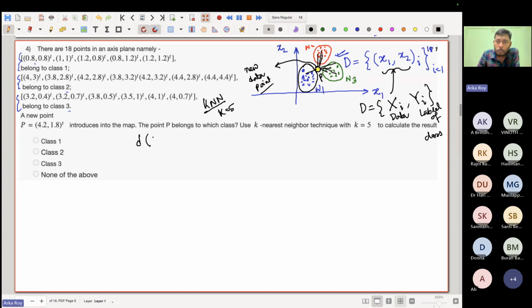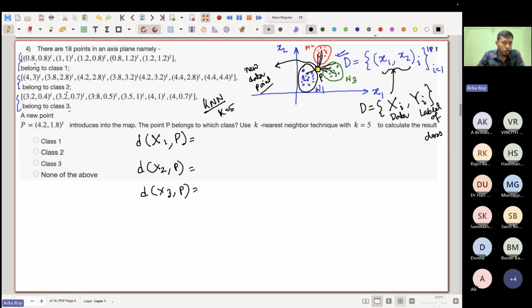Now we have to calculate the distance between this P point and all other points given in this data set. Therefore, I can write it as D of x1 comma P, D of x2 comma P, D of x3 comma P. Likewise, we have to calculate for all the data points.